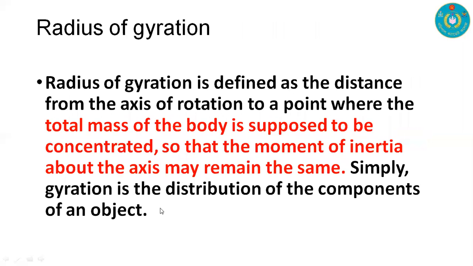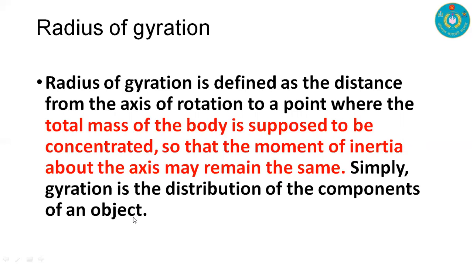And we have another new term, that is radius of gyration. We have the definition here. Radius of gyration is defined as the distance from the axis of rotation to the point where the total mass of the body is supposed to be concentrated, so that the moment of inertia about the axis may remain the same. Simply, gyration is the distribution of the components of an object.